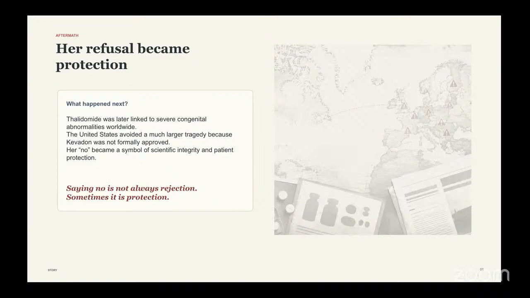The first idea I want us to take from the story is that saying no is not always a rejection. Sometimes it's protecting, whether yourself or someone else. Of course, having the courage to say no won't always be at this scale, but the principle behind the decision applies to everyday life.